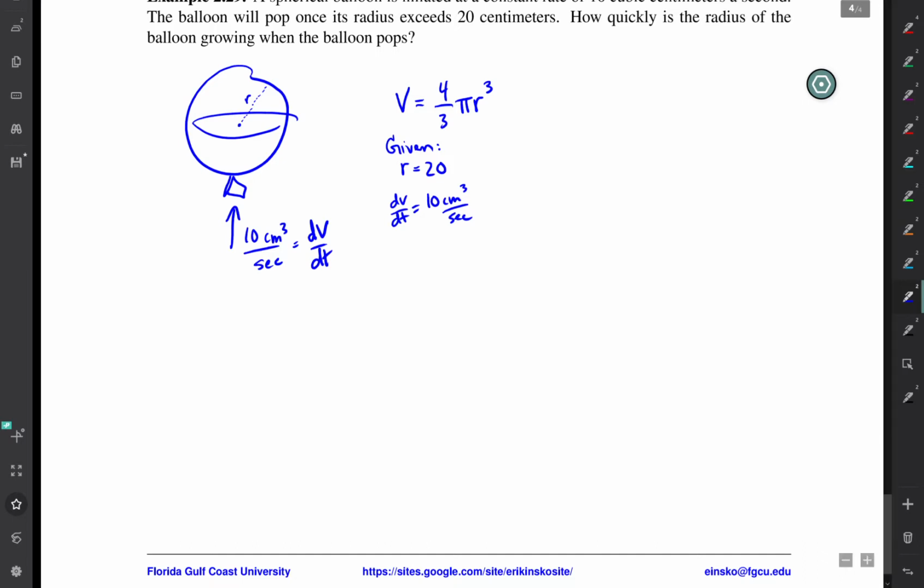Okay, so let me apply the derivative with respect to time. So that's d/dt. Let's apply that to the equation V equals 4/3 pi r cubed. And so that gives us that dV/dt is 4/3 pi times 3r squared times dr/dt.